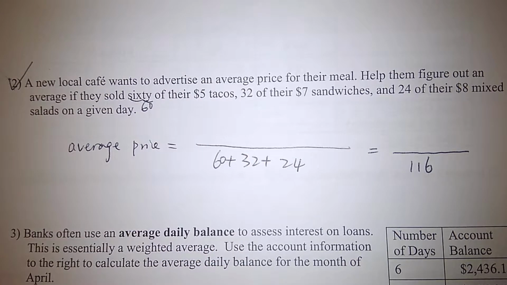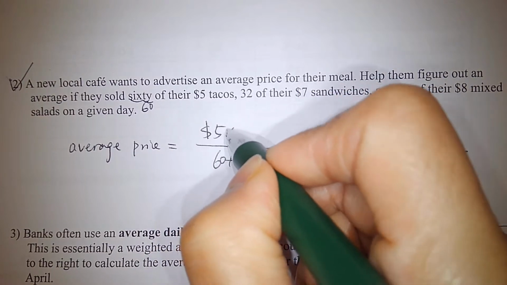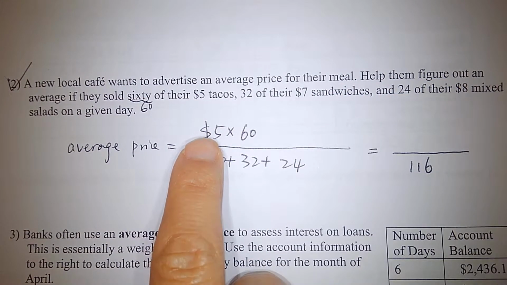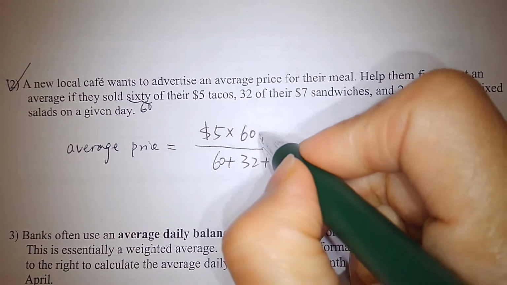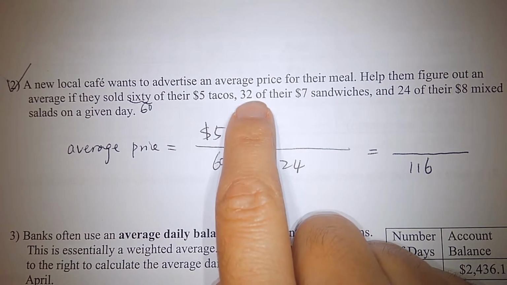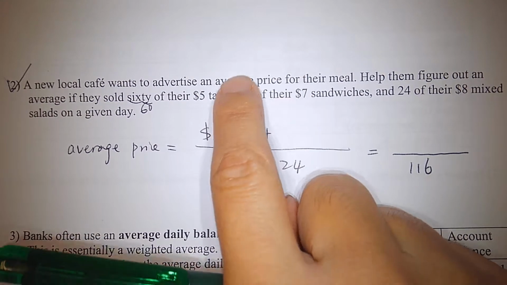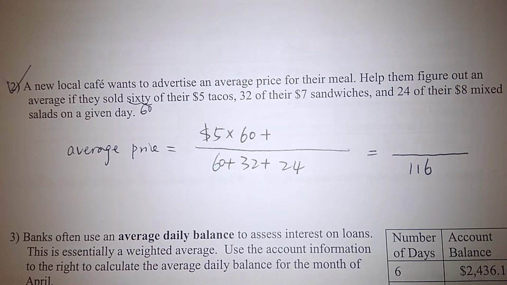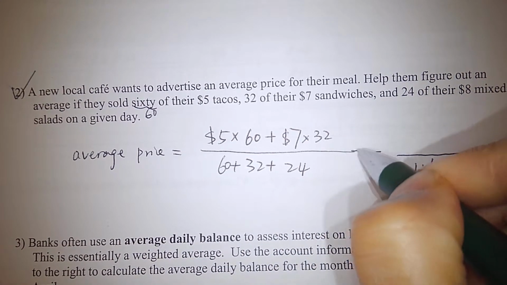How much do they make? 300. How do you get 300? We use $5 times by what? 60. Value times by count. How much can we collect from the 32 $7 sandwiches in total? $7 times by what? 32.